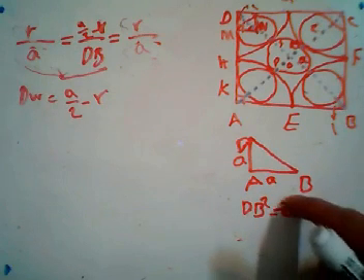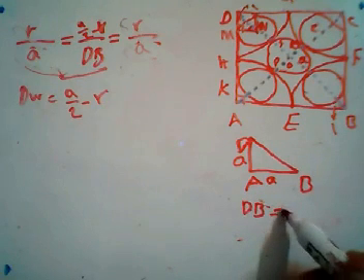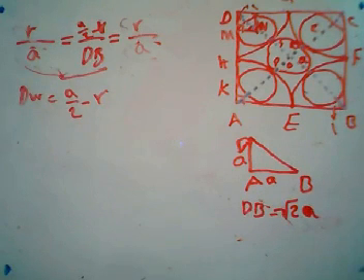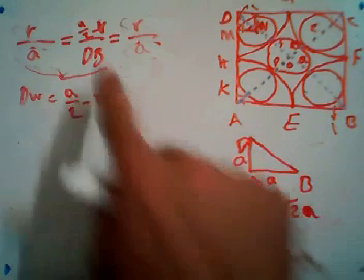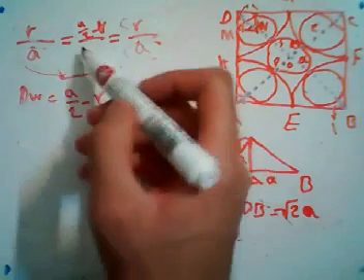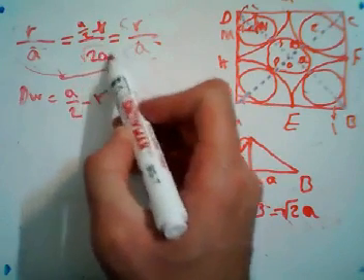Then DB would be the square root of 2 times A. So we put it here.